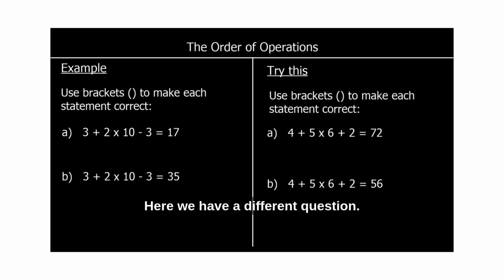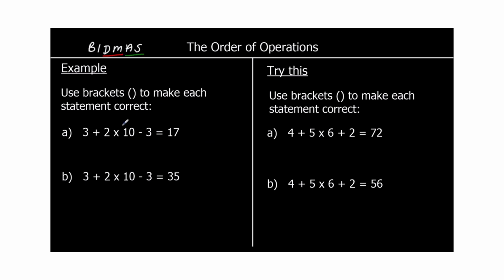Here we have a different question. This says use brackets to make each statement correct. We know the order of operations says brackets come first, then indices, then our multiplication and division, then addition and subtraction.